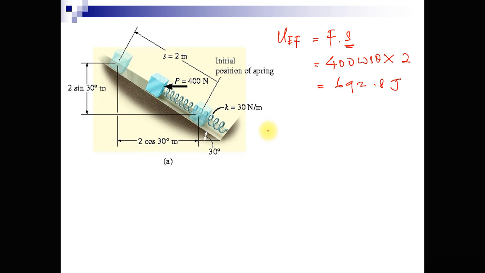Okay, what about the work done due to the spring? Just now I put the work done by the spring as US. As you know, it is negative one half K, the spring coefficient K is given as 30 Newton per meter, and then S2 squared minus S1 squared.